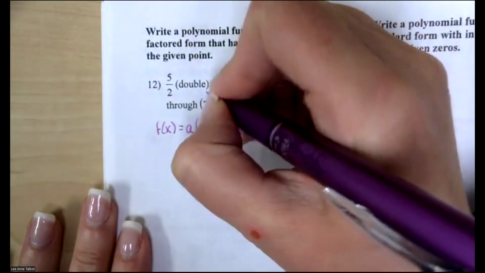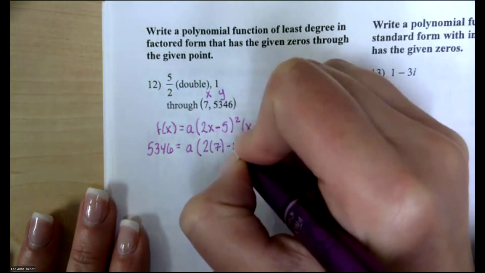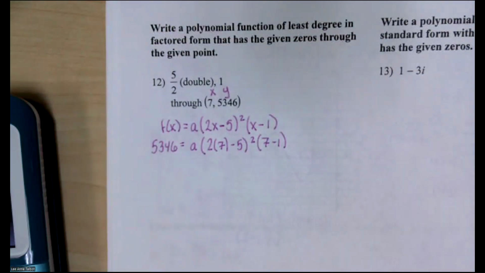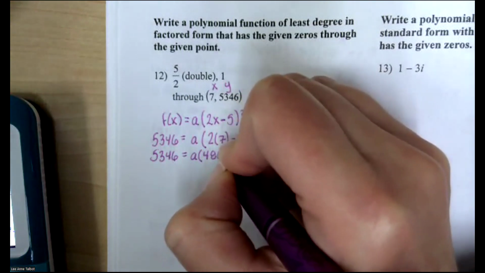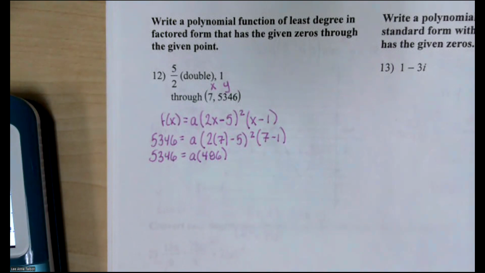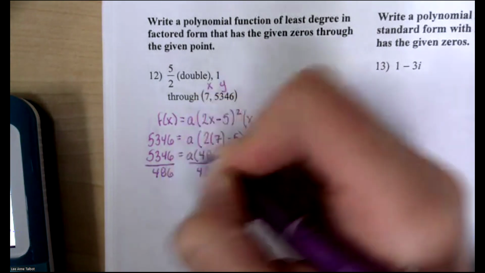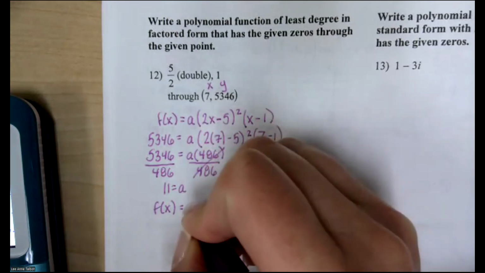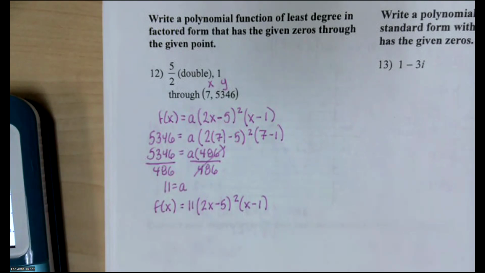Okay. 5346 equals a times (2 times 7 minus 5) squared times (7 minus 1). 14 minus 5 is 9. 81 times 6. Final answer. Not too bad.